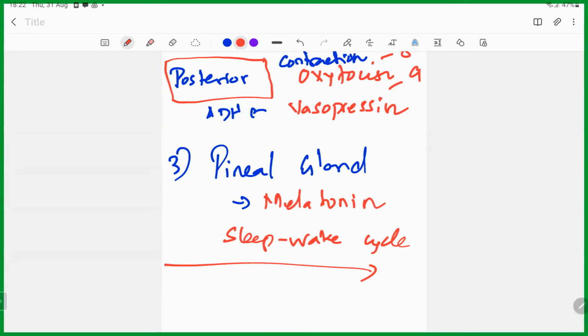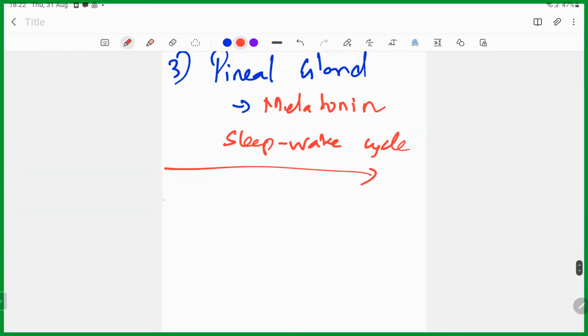Next, the fourth gland is the thyroid gland. What are the hormones connected with the thyroid gland? Thyroxine, T3 and T4 hormones. They are called triiodothyronine and tetraiodothyronine.